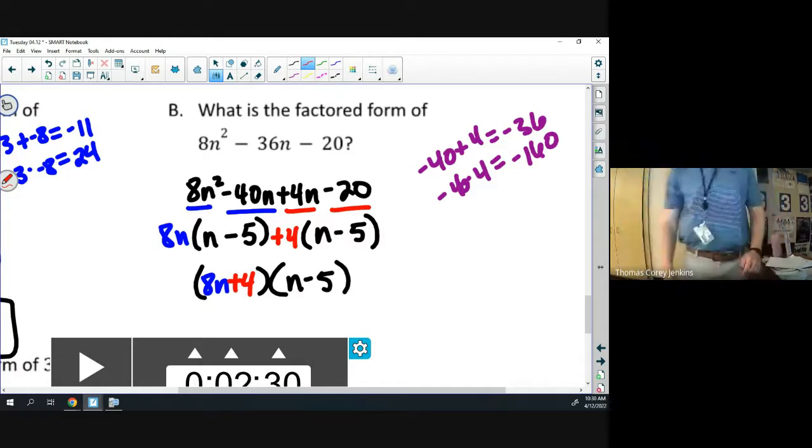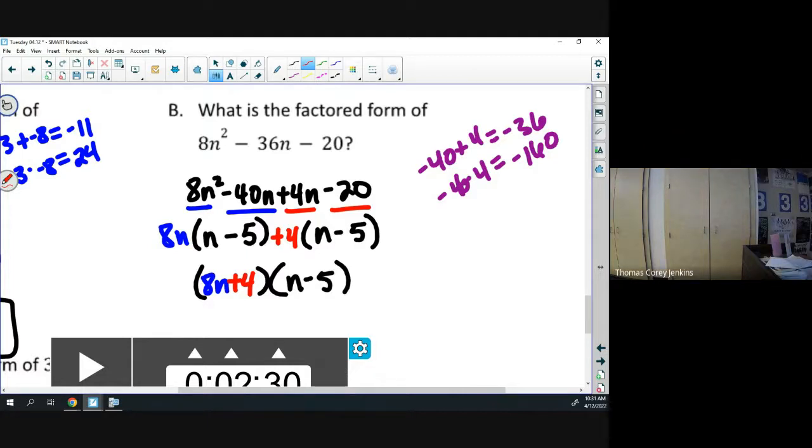Now, that is correct, but MathXL is not going to take it because which factor has a GCF? The first factor, right? What can I factor out of the first factor? 4, right? So now we can notice the 4. It might even be easier to notice the 4 at the end, right?